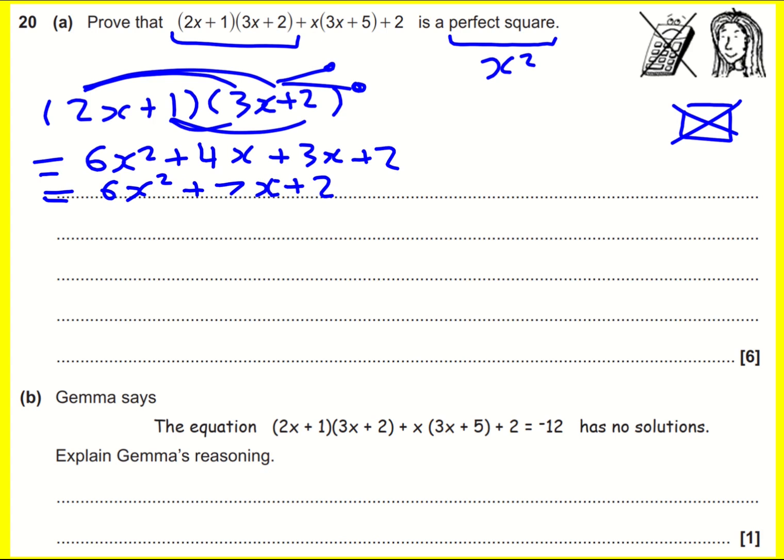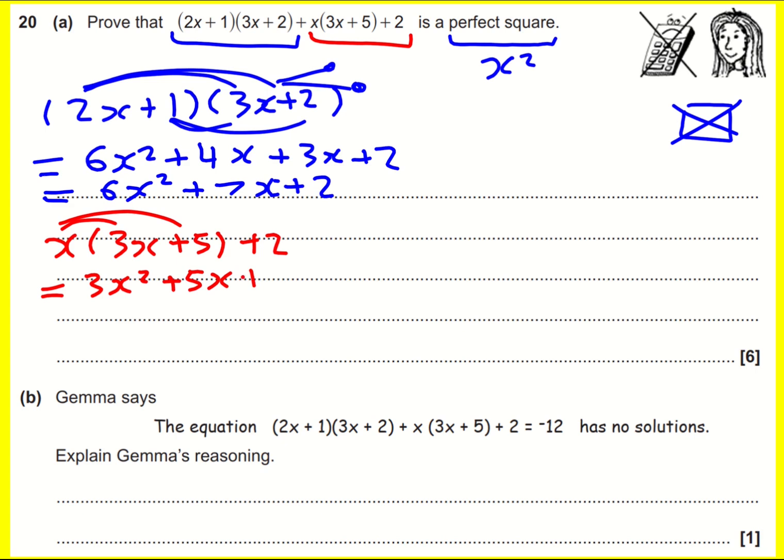Okay, brilliant. Let's take the next one. I'm going to take all of this together. So x, 3x plus 5 plus 2. This is going to equal 3x squared plus 5x plus 2. I've got this 2 here.